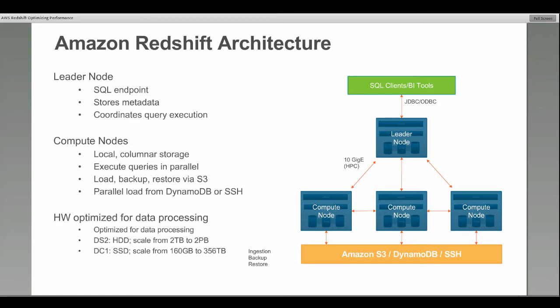In addition to that, just to recap, there are various types of nodes available to you. There's the DS2 type node, which is HDD based, where anywhere from 2 terabyte to 2 petabyte clusters can be created, and the DC1, which is SSD based, where anywhere from 160 gig to 356 terabyte clusters can be created.